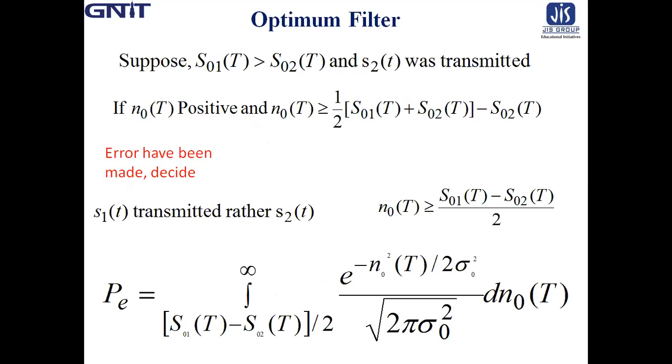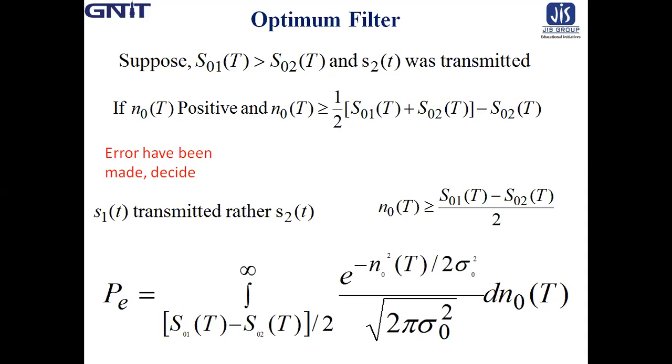Now, if at the sampling time the noise n0(T) is positive, again I am repeating a very important point, if at the sampling time the noise n0(T) is positive and larger in magnitude than the voltage difference half of [S01(T) minus S02(T)], then an error will have been made.